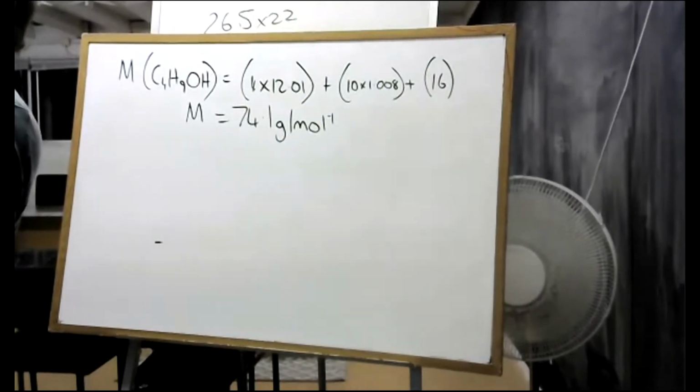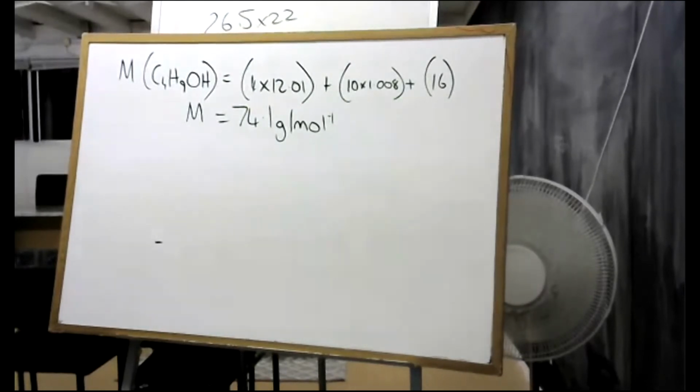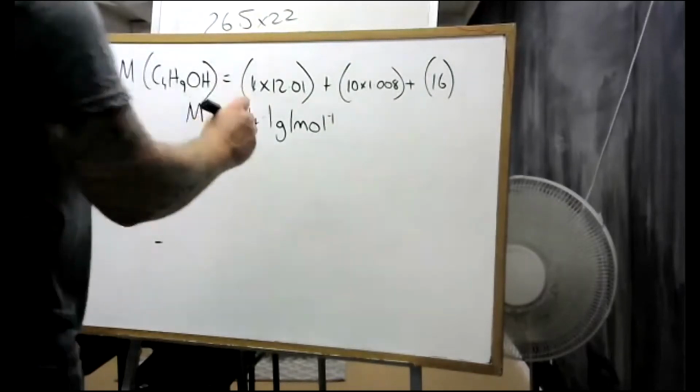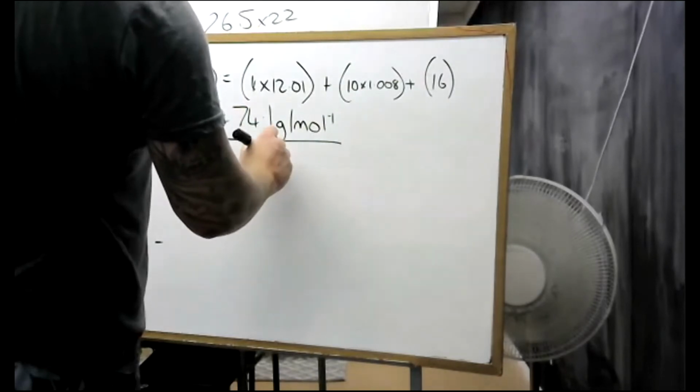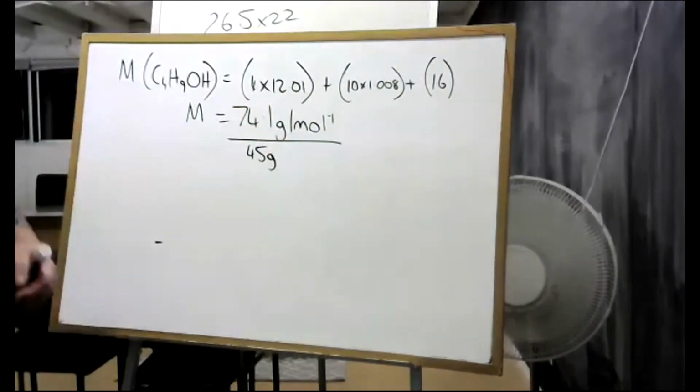In the question, 45, I think it was. Yeah, 45. So we take 74.1 divided by 45. What's that give us? Although I'm pretty sure I just put those around the wrong way.